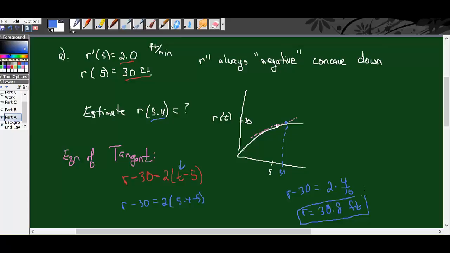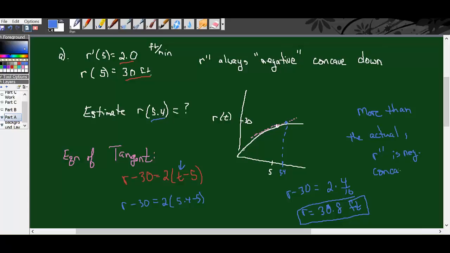So now the question is, is that approximation too much or too little? Is this more than the true value or less than the true value? My answer is that it's going to be more than the actual value, because R double prime is negative, or you can say it's concave down.